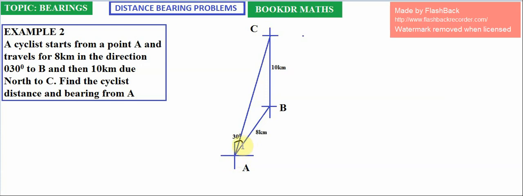Let's analyze the interior angles. You will see that with this triangle, this angle here is 90 degrees, and this angle here is 60 degrees, because if from here up to this line is 30, the space here will be 60 degrees.